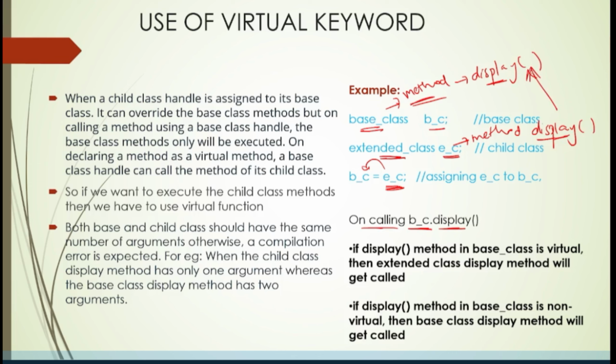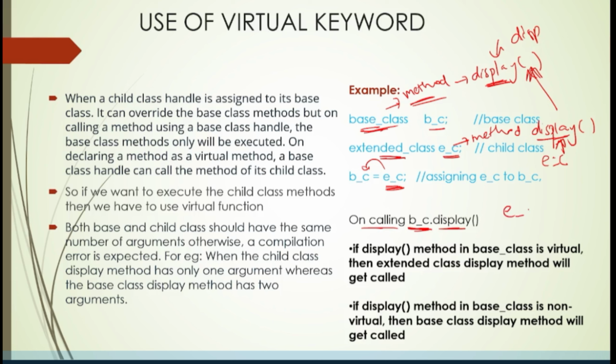But even though the values are overridden, when I call bc.display, whatever is there in my base class will be displayed. When I call ec.display, whatever is there in my child class display will be displayed. Got my point? But what was my question previously?